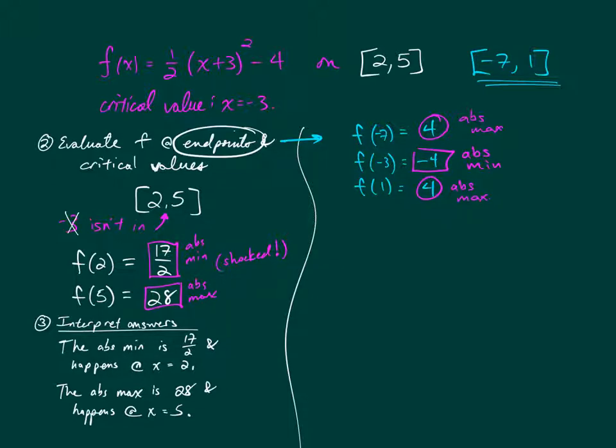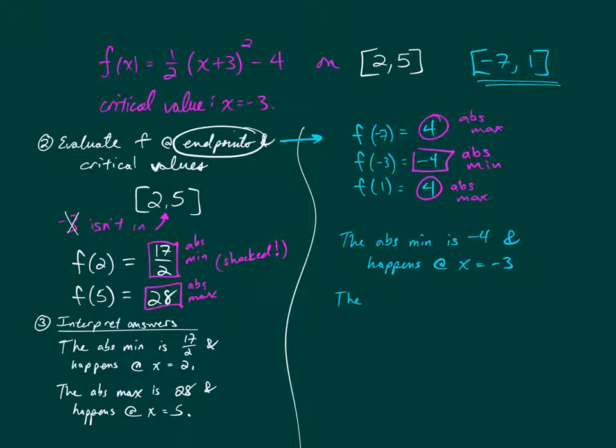So we can write: we have an absolute min, which is -4, and it happens at x equals -3.